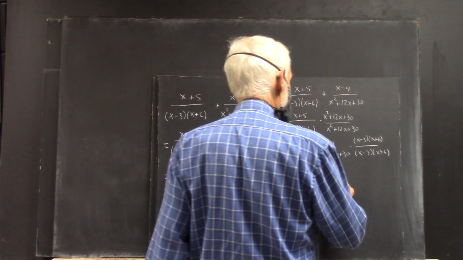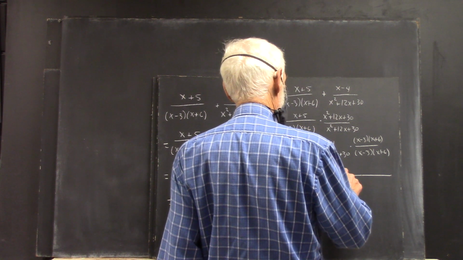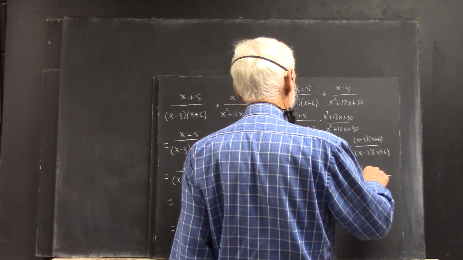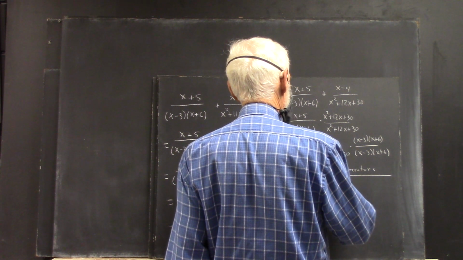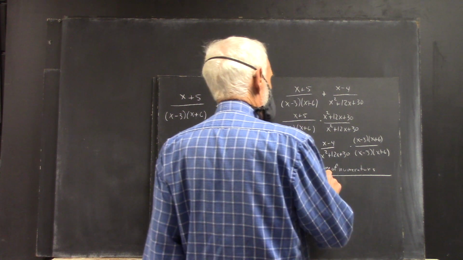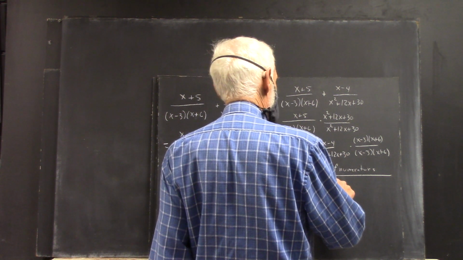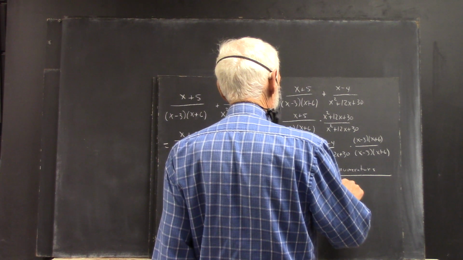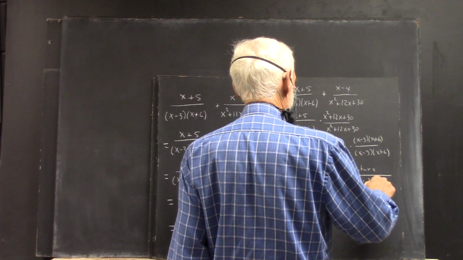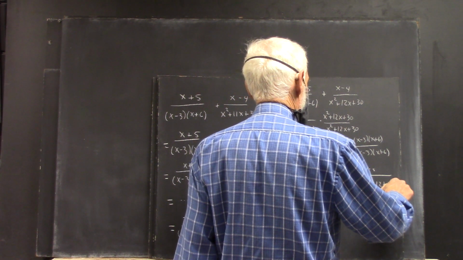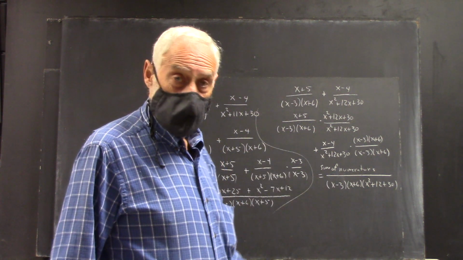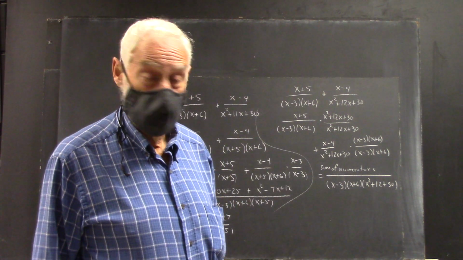So this equals the sum of the numerators divided by this denominator, x minus 3 times x plus 6 times x squared plus 12x plus 30.